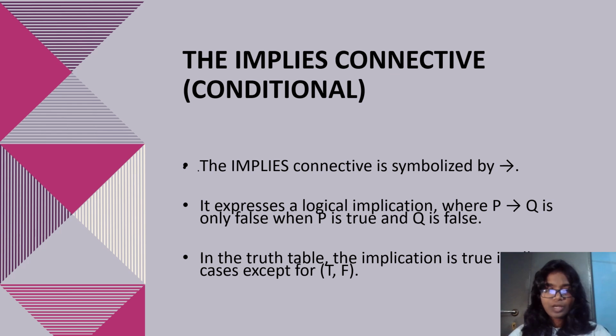If you take a truth table, if on the left side the condition P is true and on the other side Q is false, then only the condition will be false. In the truth table the implication is true in all cases except for true, false.